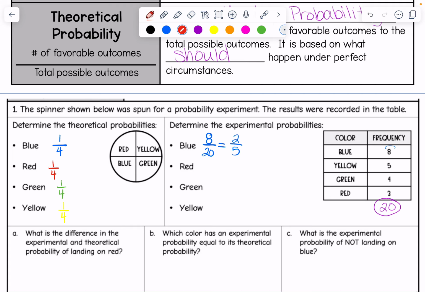For red, I landed on red 3 out of the 20 times. That fraction cannot be simplified. Green was 4/20, which I can simplify to 1/5. And yellow, I landed on yellow 5 out of the 20 times, which is equal to 1/4.